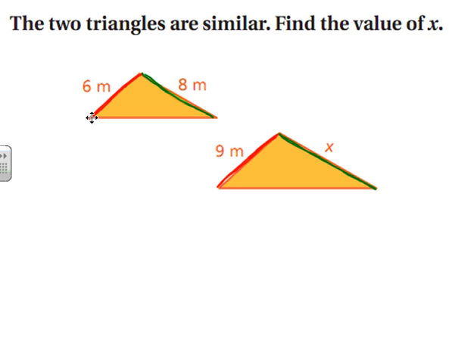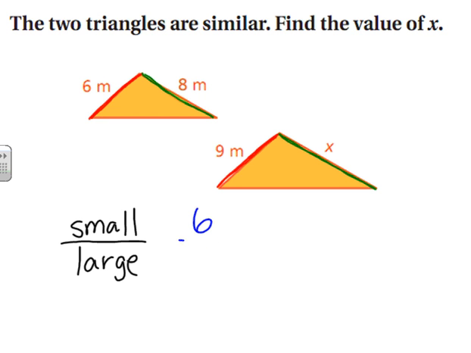Now it might help to set up your proportion by labeling which pieces you're going to do where. So if I do the small triangle length over the large triangle length, that might help me keep everything matched up. So the first triangle has a short length of 6. The large triangle has a short length of 9.